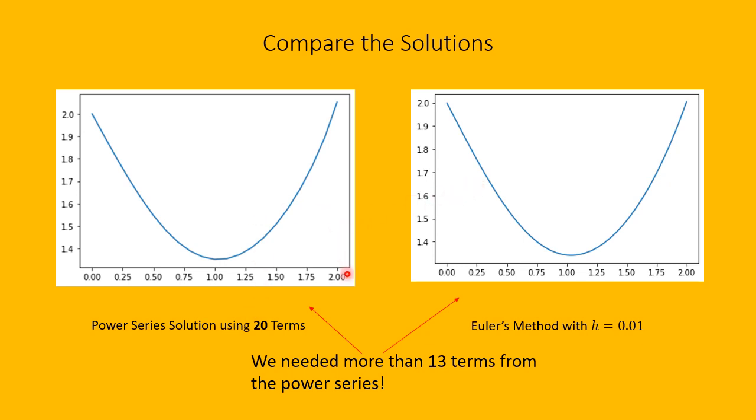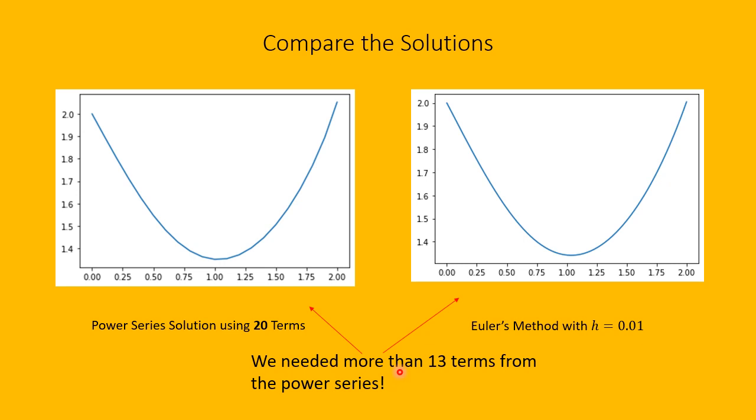Now, first of all, let's make a conclusion. We saw that when we used 13 terms from the power series, that did not give us graphs that looked anything like these two. We needed, in our power series solution, to use more than 13 terms to get accuracy that we can be happy with.